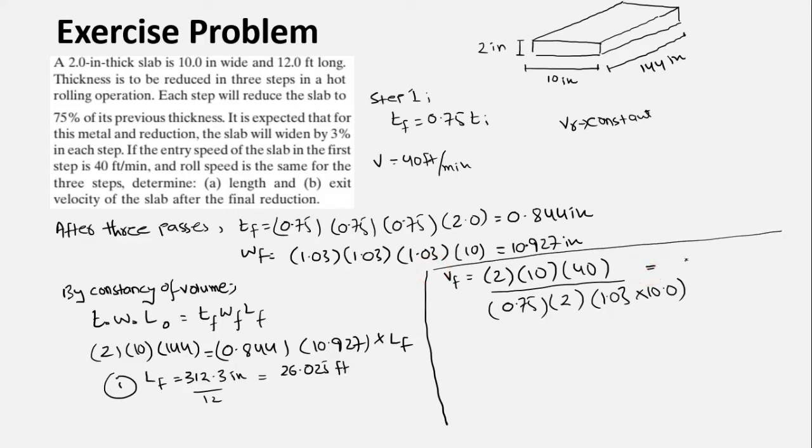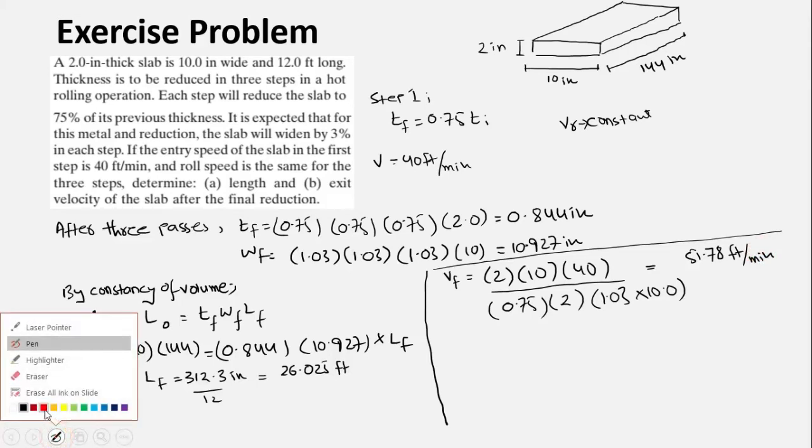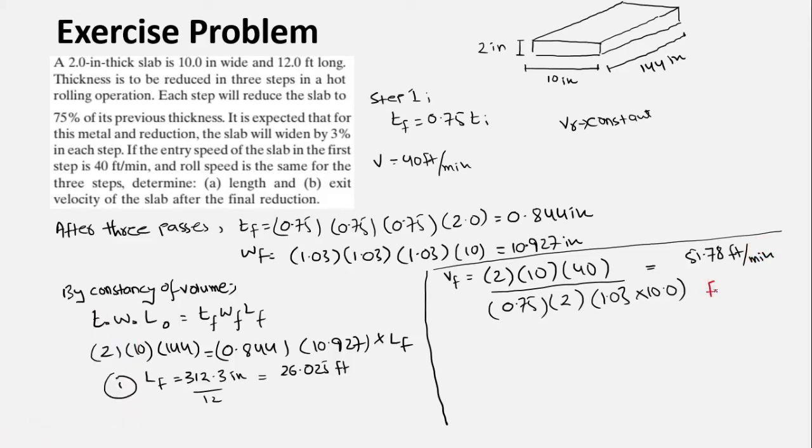That would be equal to 51.78 feet per minute, and it's for the first step. You can just say first pass.